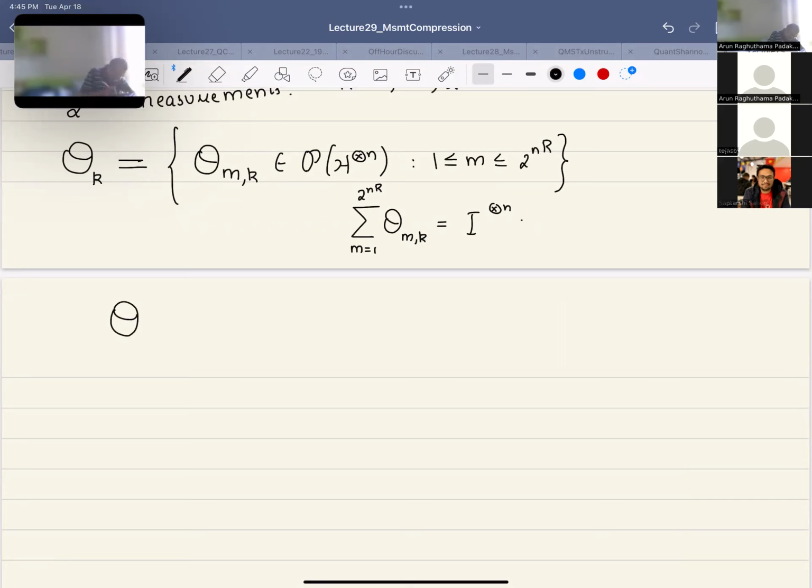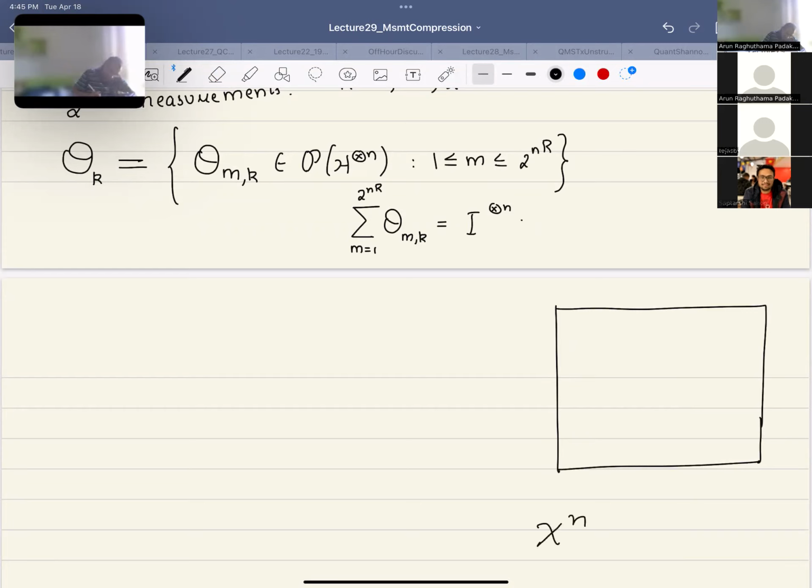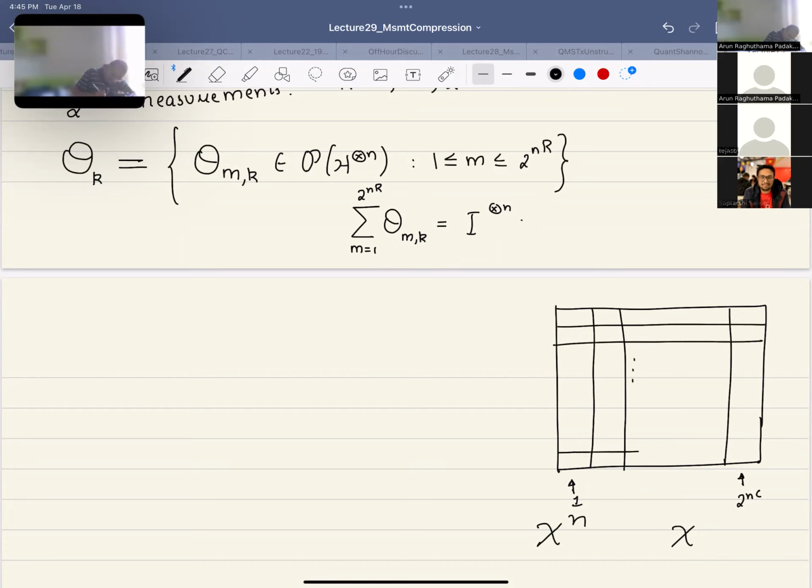So what you do, you build a table. Remember, your outcome space is x^n, right? The outcome of one measurement is x, and the outcome space is x^n. You build a table consisting of 2 power nC columns, so 1 to 2 power nC, and 2 power nR rows.